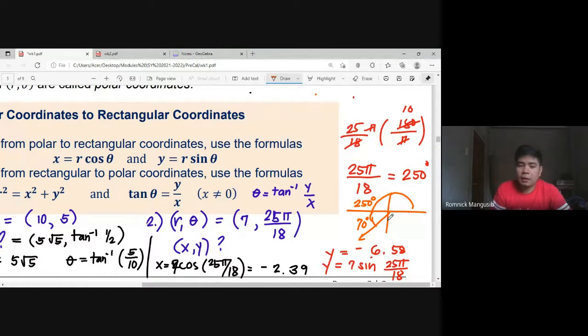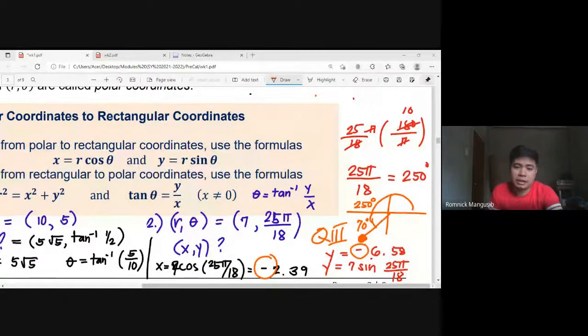Because half a circle, half of the entire revolution, is 180 degrees, plus 70 gives you 250 degrees. And in what quadrant is it found? It is in quadrant 3. That now justifies that x must be negative and y must be negative. It follows, class. It will strictly follow.